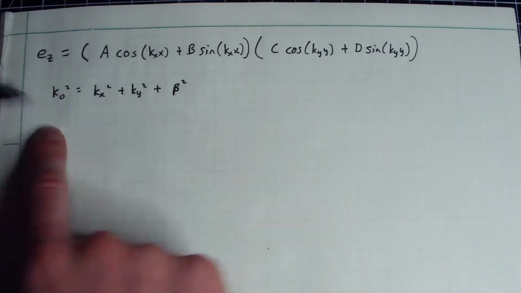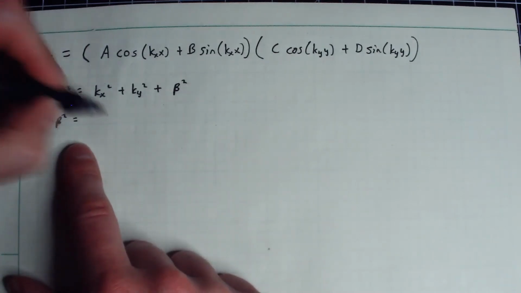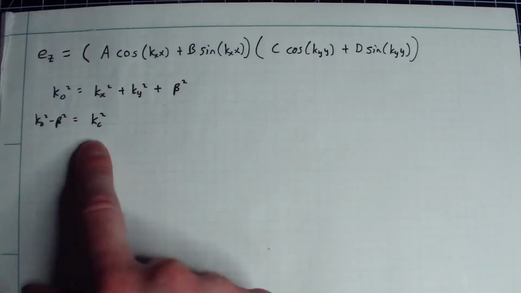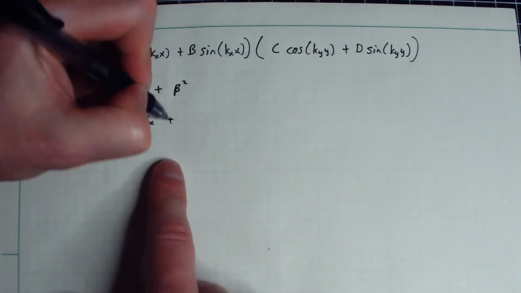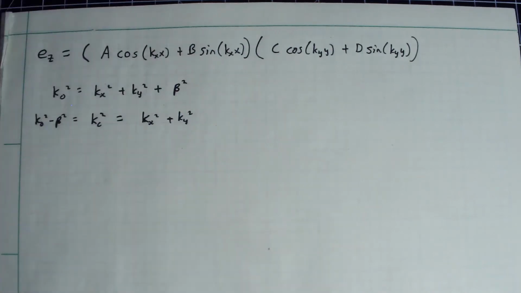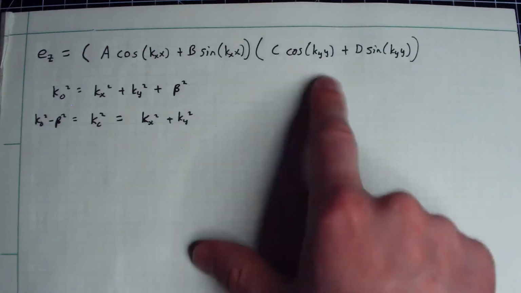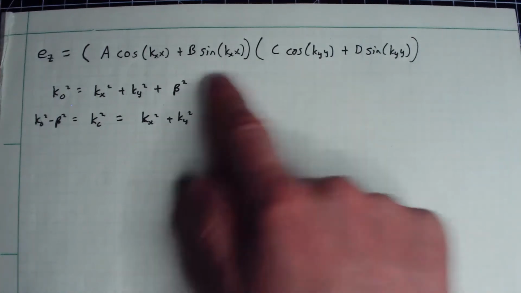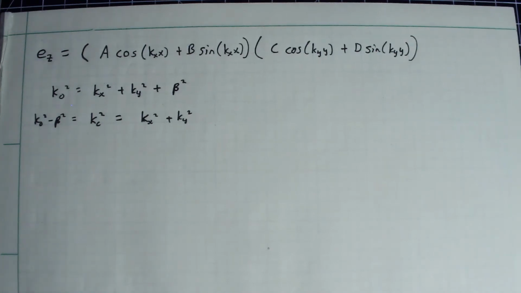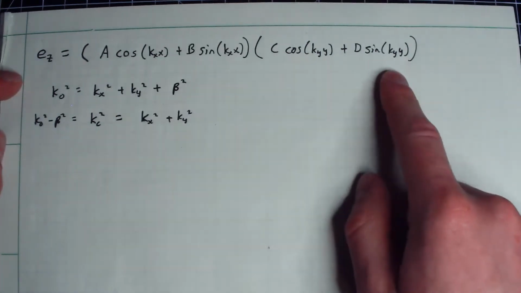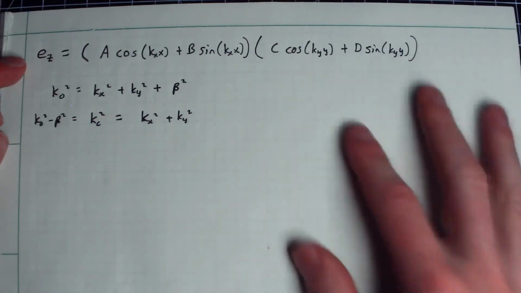Or you can also subtract here and get k_0 squared minus beta squared is equal to our cutoff, k_c squared, which is equal to k_x squared plus k_y squared. So remember, this stuff is imposed by the Helmholtz equation, and applying separation of variables to get this result, we have to make this assumption here. So we've skipped a little bit, but we've already done the math in a previous lecture, so that's okay.